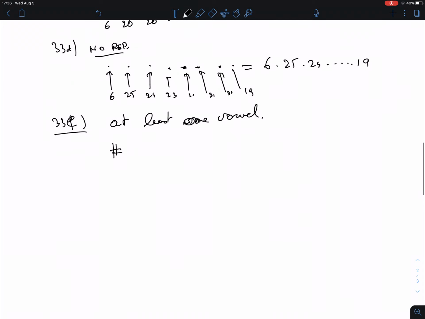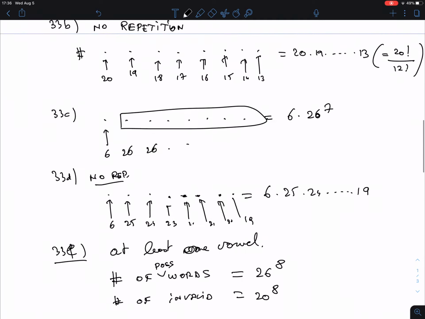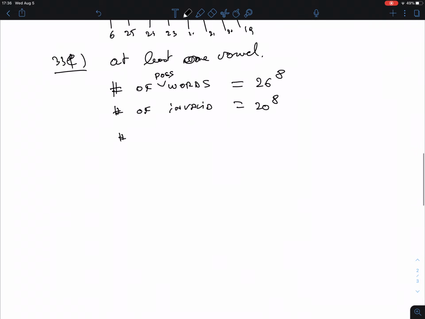So the total number of words of length 8 is 26 to the power 8, right? Because I can choose anything, vowel or consonant. But the number of invalid words, of all possible words, let me put it that way, is 20 to the 8, remember we just calculated that here. And then finally the number of valid words, according to the rule of at least one vowel, is the difference.